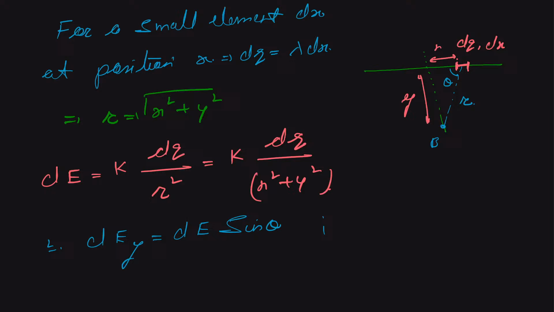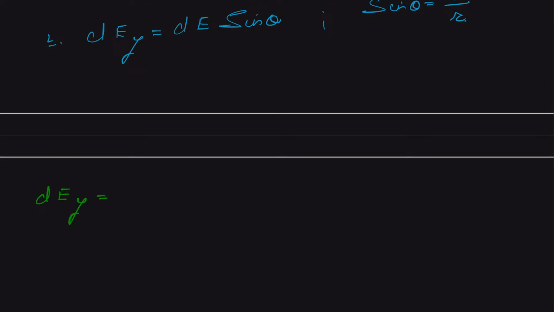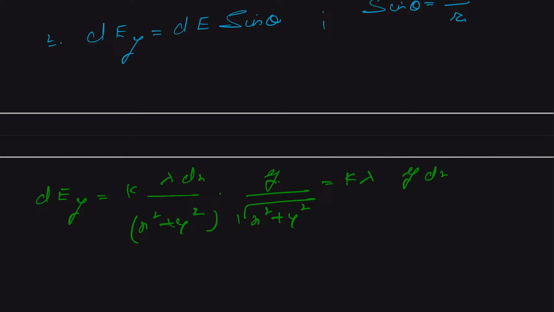And from the figure we can write that sine of theta will be equal to y upon r, and we substitute, so we get the electric field in y direction as k lambda dx over x square plus y square, times y upon the square root of x square plus y square, and this can be written as k lambda y dx divided by x square plus y square whole raised to power 3/2.